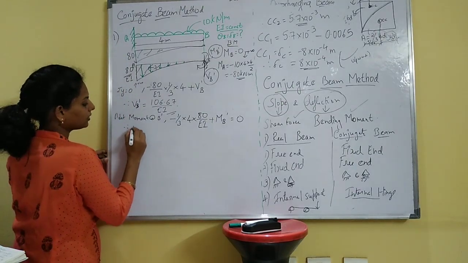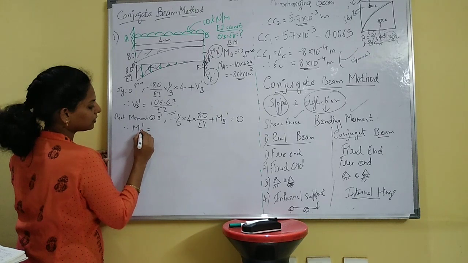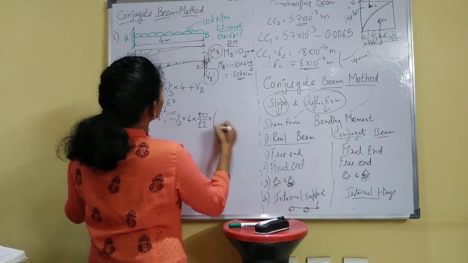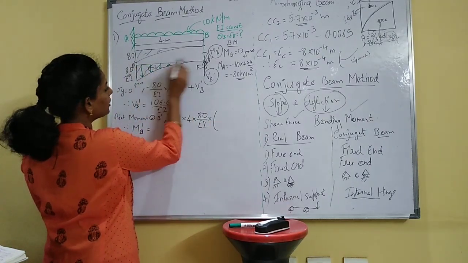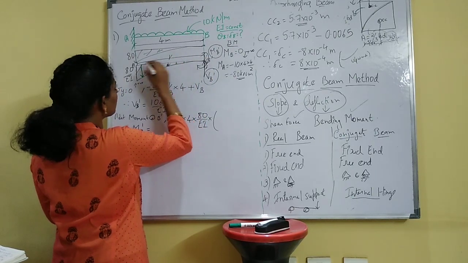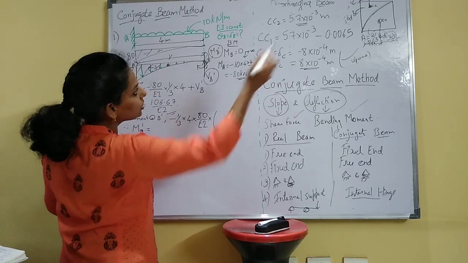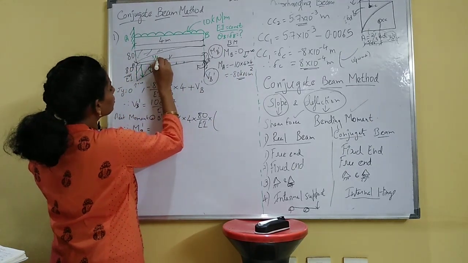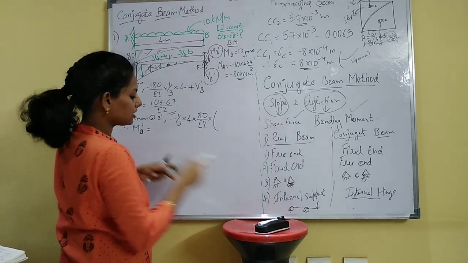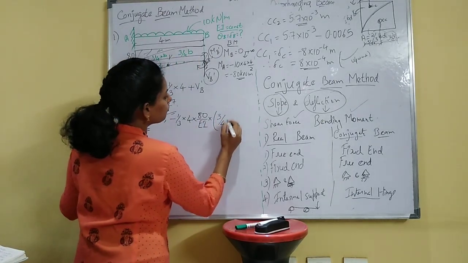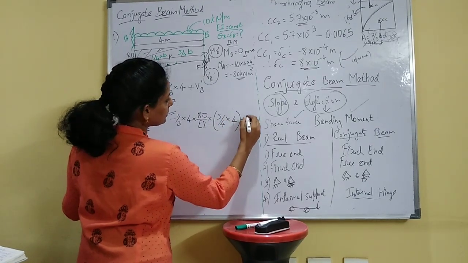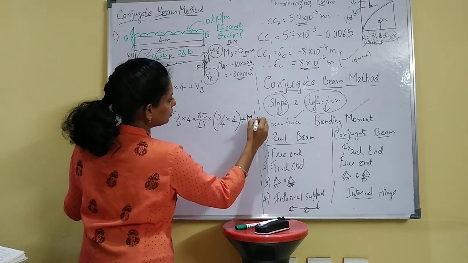Therefore MB dash is nothing but area into distance. To simplify, suppose this is your centroid. For that it is 1/4 of B and this is 3/4 of B. So for B dash, the nearer distance is 3/4 of B. So 3/4 of B is nothing but how much? It is 4 plus MB dash equal to 0.